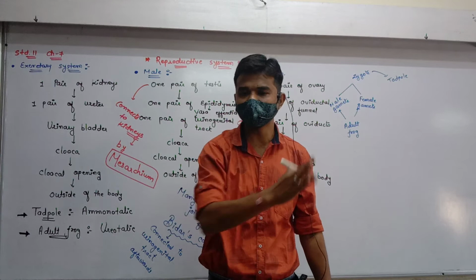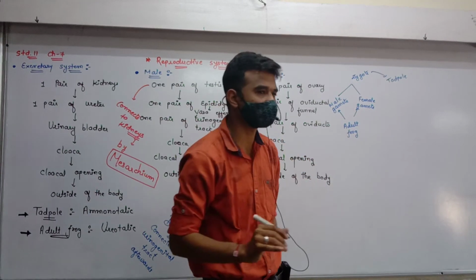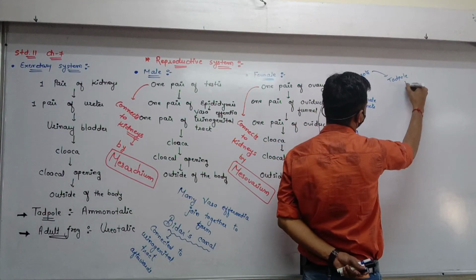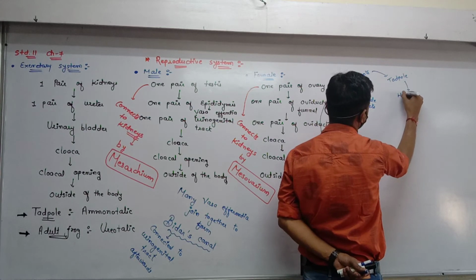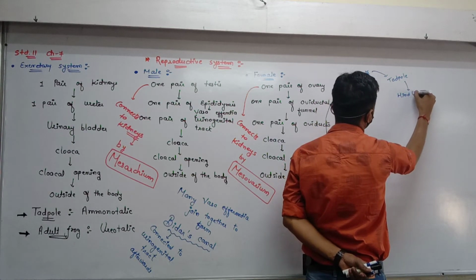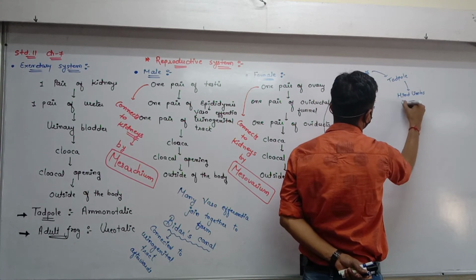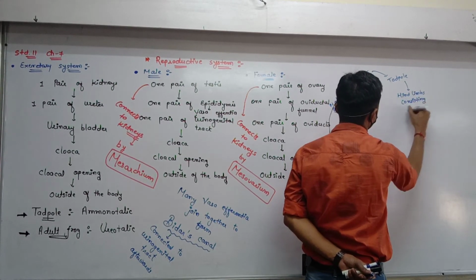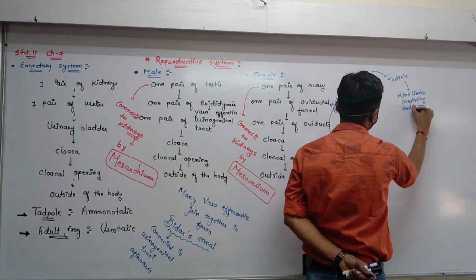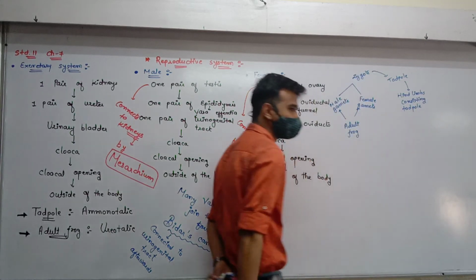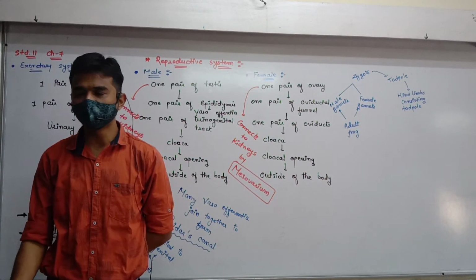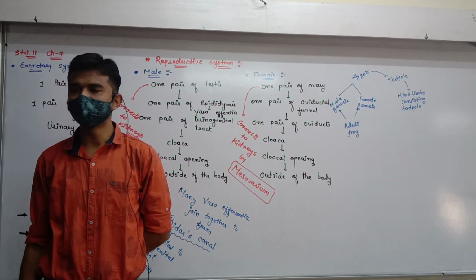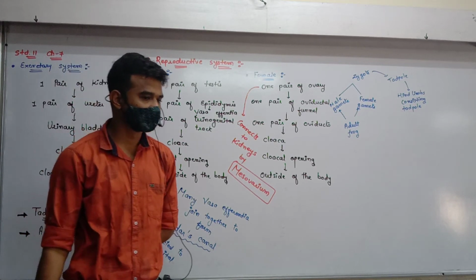From the zygote, eggs are formed and then tadpole forms. First, what happened? Hind limbs are formed. Fine.